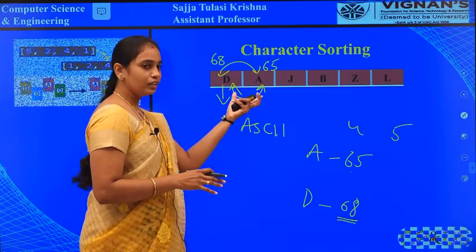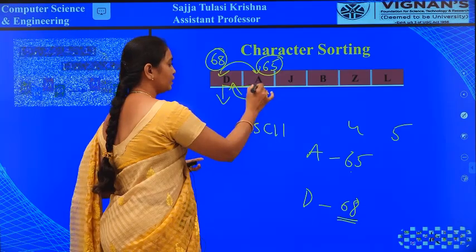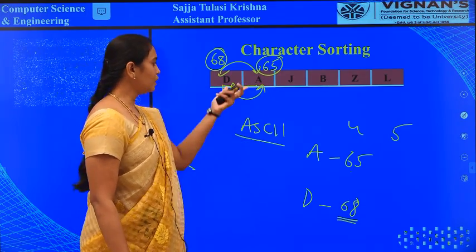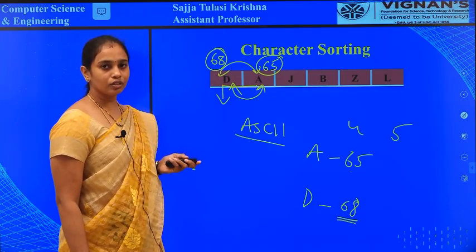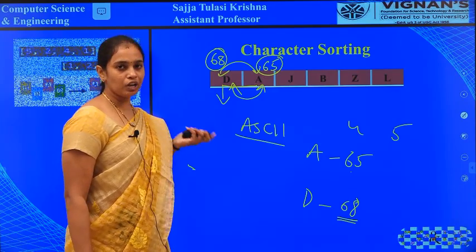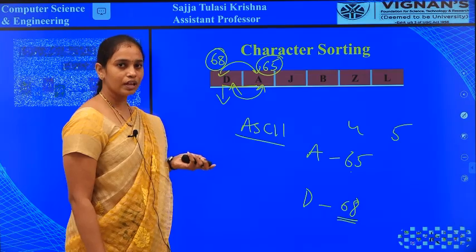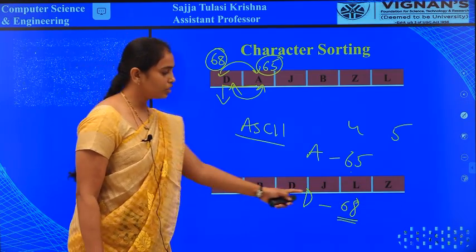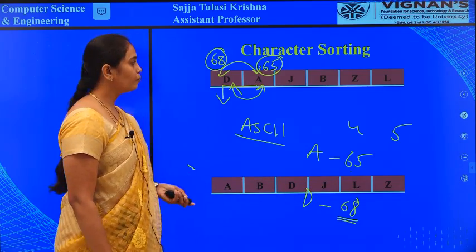Inside the computer, the numerical values of the characters are the ASCII values, and the ASCII value comparison is done for character sorting. So you have to use any one of the sorting techniques, then compare these characters. Now see, after sorting, the character list is placed here.